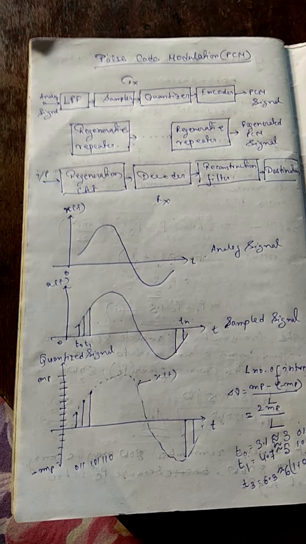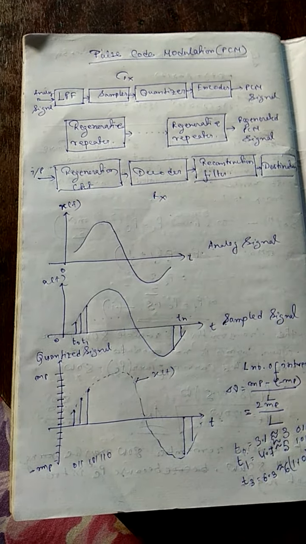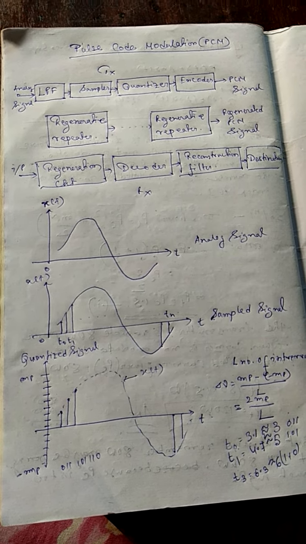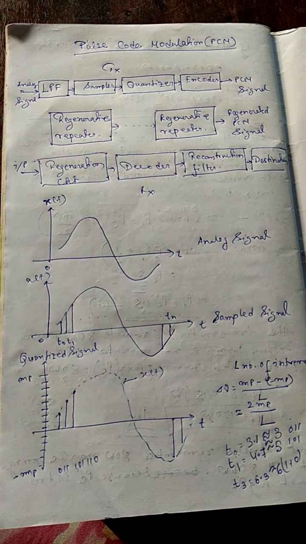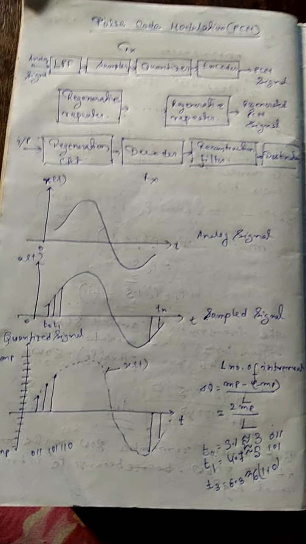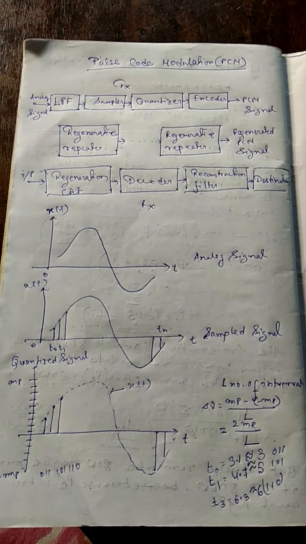The second thing is that this is the transmitter portion and this is the channel. In the channel we use a block called the regenerative repeater. We will describe it in detail later, but now a little bit about it. What do we mean by a regenerative repeater?